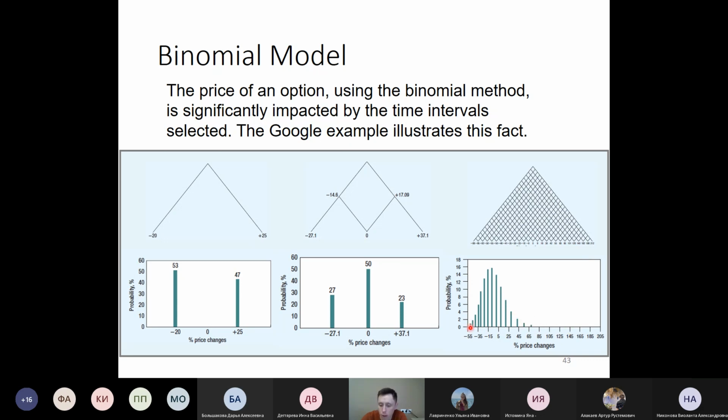Log normal because it is restricted from the lower side, because the price of the underlying asset cannot go down by more than 100%. It cannot fall lower than 0. But theoretically, it can go up to any height. And this property is reflected in the log normal distribution, which is the one that we observe here.